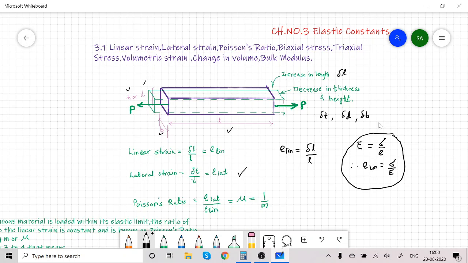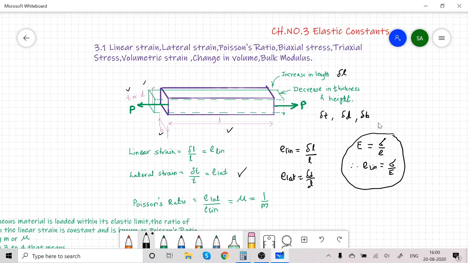E lateral means change in cross-sectional dimension. If you are considering thickness, change in thickness divided by original thickness. If you are considering the width, then change in width divided by original width. And if it is a circular bar, then change in diameter divided by original diameter.